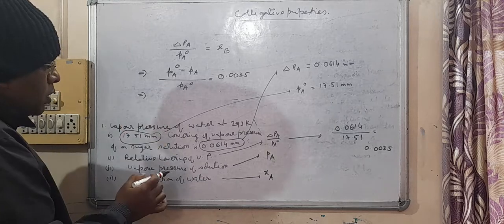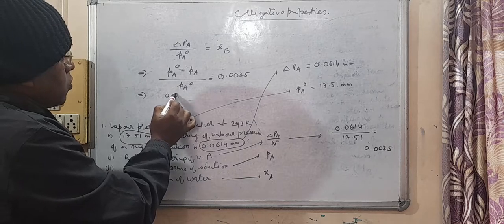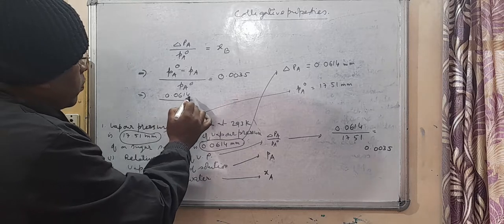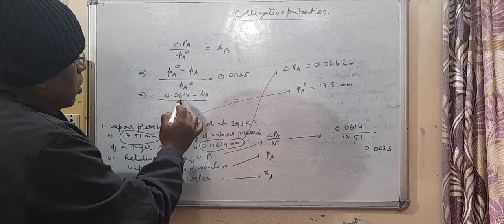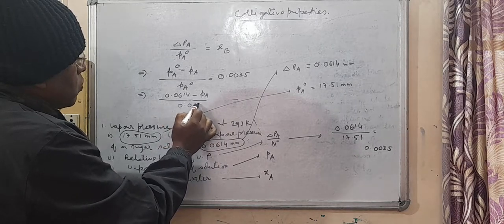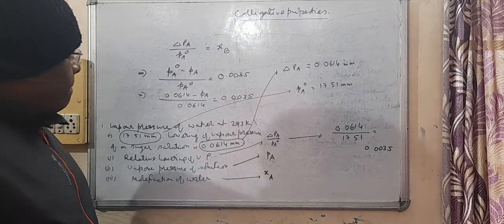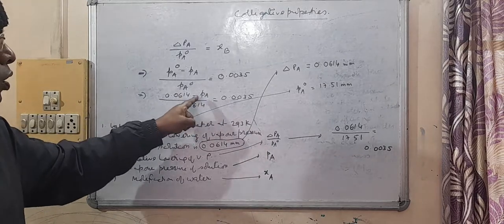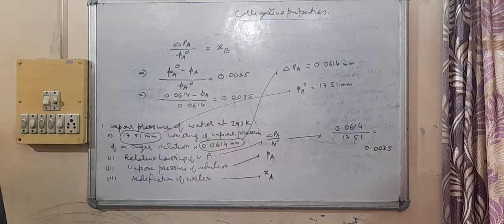Now let us put the values here. PA naught is 17.51, so 0.0614 by 17.51 minus PA by 17.51 equal to 0.0035. So you see, children, now there is only one unknown here, so you can easily find PA. And I'm just telling the answer of PA here.